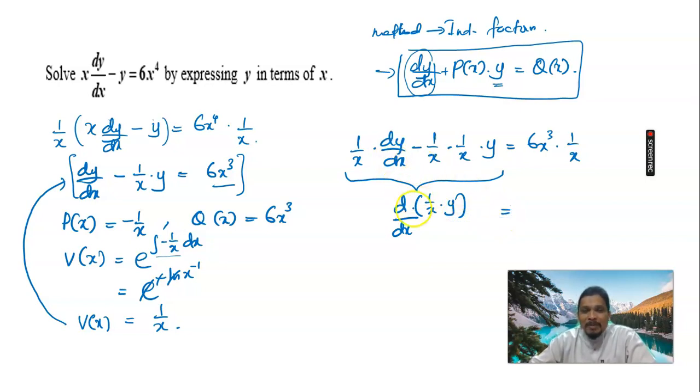You may try by yourself: differentiate 1 over x times y with respect to x, and you will get exactly the same as this. So x cubed divided by x gives you 6x squared.